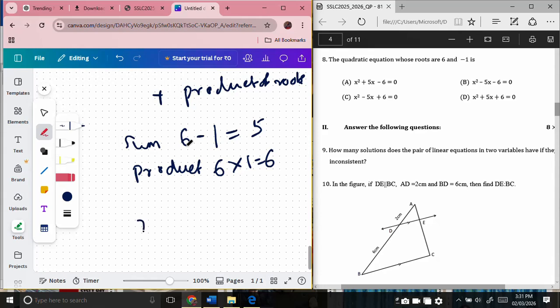So what will be the answer? x square plus 5x minus 6 equals 0. Which option is correct? Option A is correct. Clear? Option A is correct.